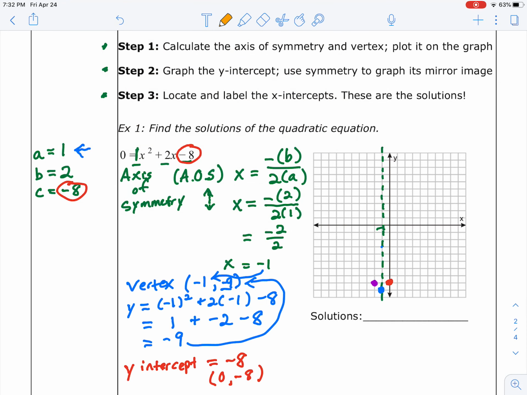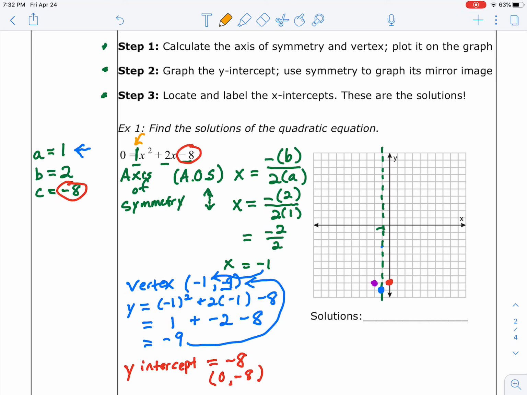So this graph is going to be opening up. And when you have an a value of 1, you're going to have this pattern that will always hold true. And so we'll notice that we went from the vertex over 1 up 1.